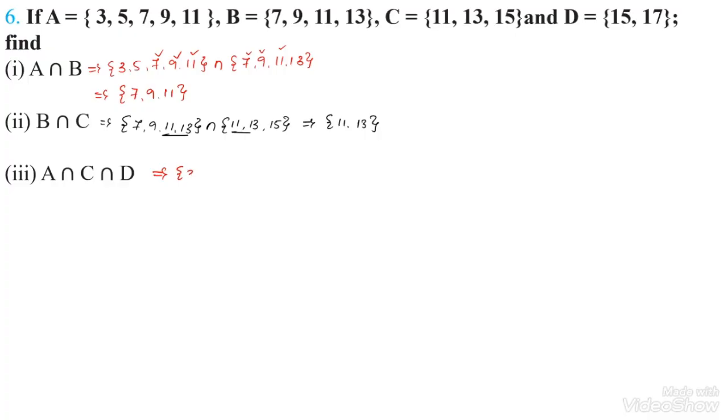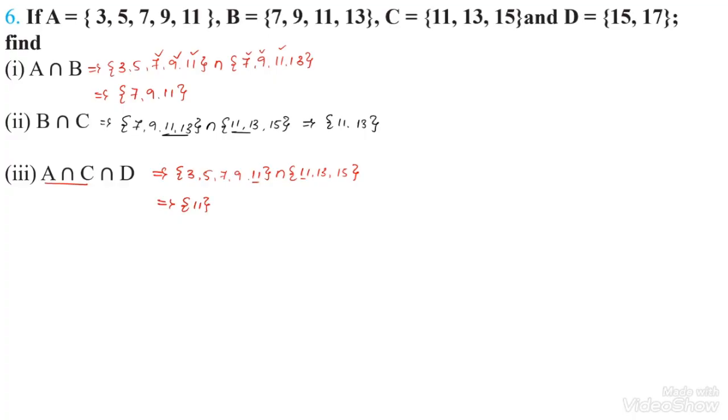I have written here 3, 5, 7, 9, 11 intersection C, 11, 13 and 15. First I have to check A intersection C only. What are the common elements between these two sets? 11 only. The common element is 11.